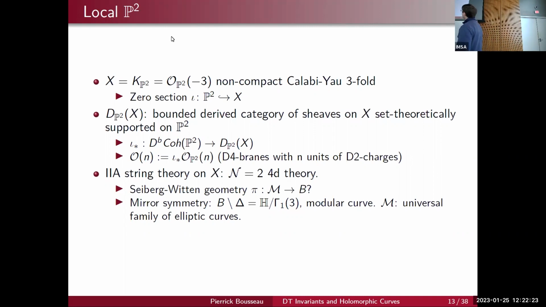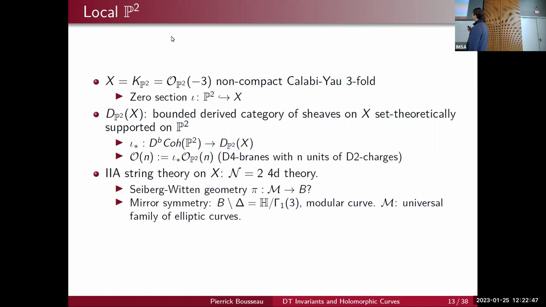In particular, if you have a sheaf on P2, you can view it as an object in this category, pushed forward by the zero section. And when I use the notation O(n), I really mean the line bundle O(n) on P2, supported on the zero section. In physics language, it's a D4 brane.